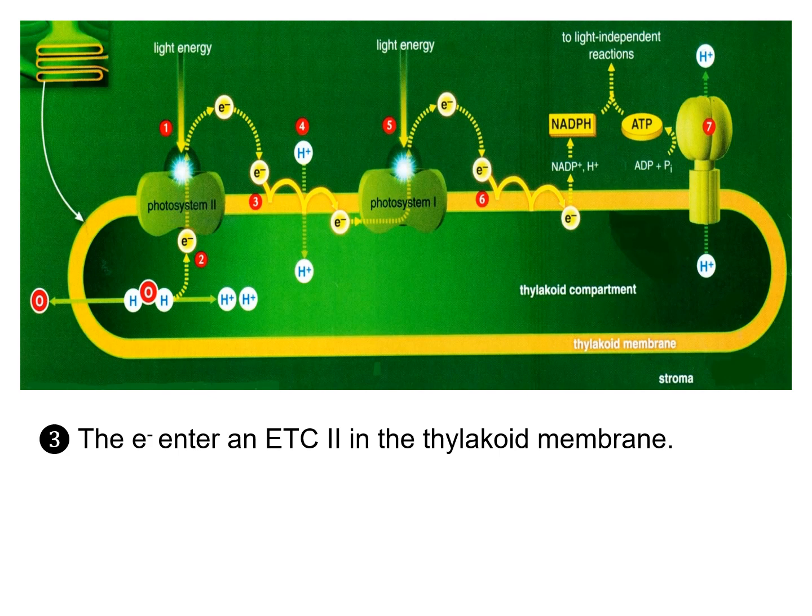Every electron, once ejected from photosystem 2 by light, will come out of the photosystem and hop from one pigment molecule to another in electron transport chain 2 in the thylakoid membrane.